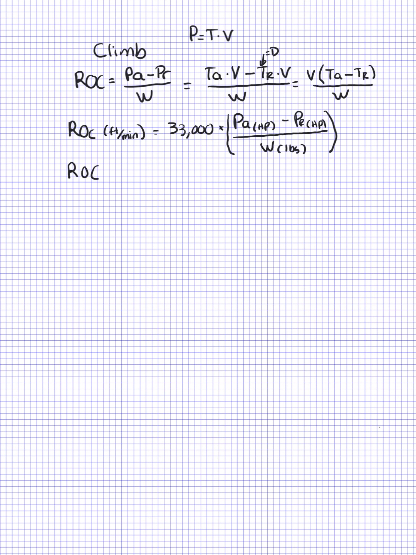Then our unit conversion number is, again, rate of climb in feet per minute equals 101.3 times velocity times thrust available in pounds minus thrust required in pounds over weight in pounds, and this velocity is in knots, and that's why we have this unit conversion number. So this is for rate of climb.